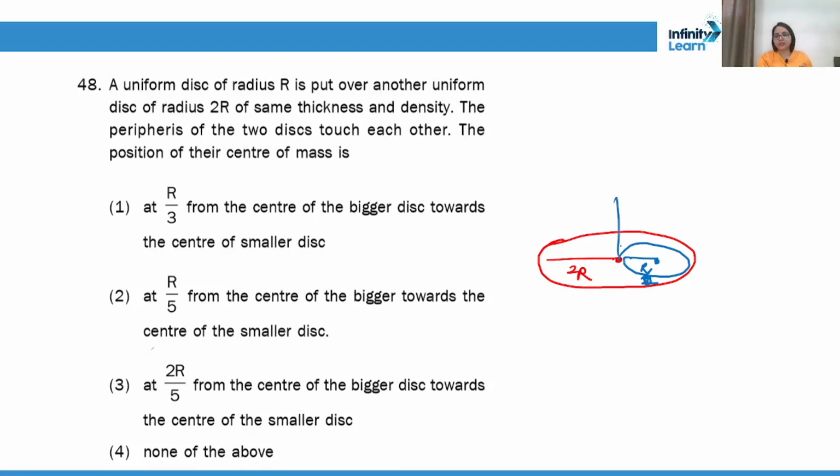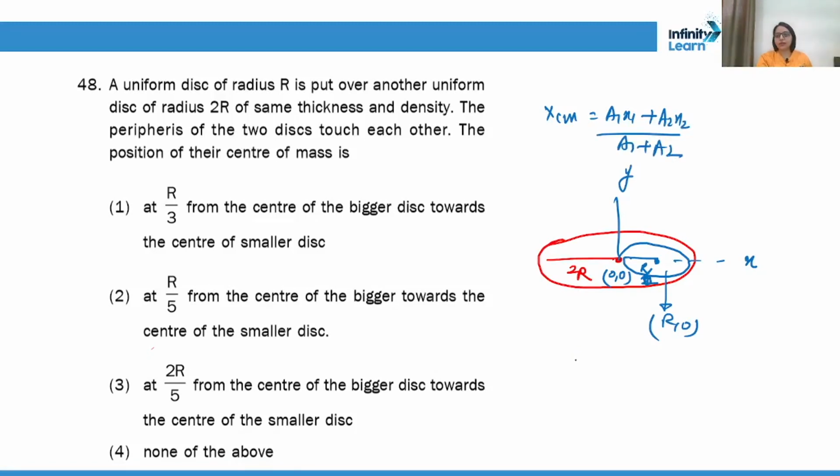So let's consider this as 0 comma 0, and this is the x-axis and this is the y-axis. Fine. So the center of mass of the first disk is 0 comma 0, and the center of mass of the second disk will be r comma 0, right? Now you can also apply XCM as a1 x1 plus a2 x2 divided by a1 plus a2.